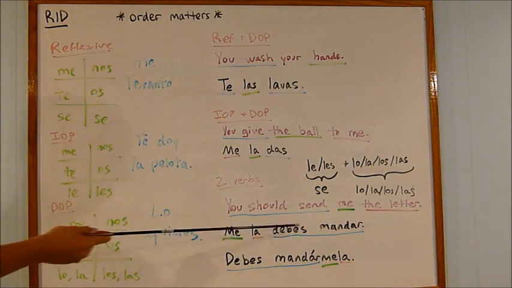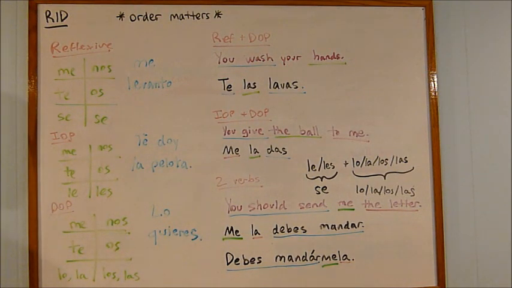We have me la debes mandar. That's a correct sentence, right? Because you have the two verbs. The pronouns have to come before the verbs, and they come in the right order. Now, debes mandármela is also correct, because you can attach these to the end of the infinitive.